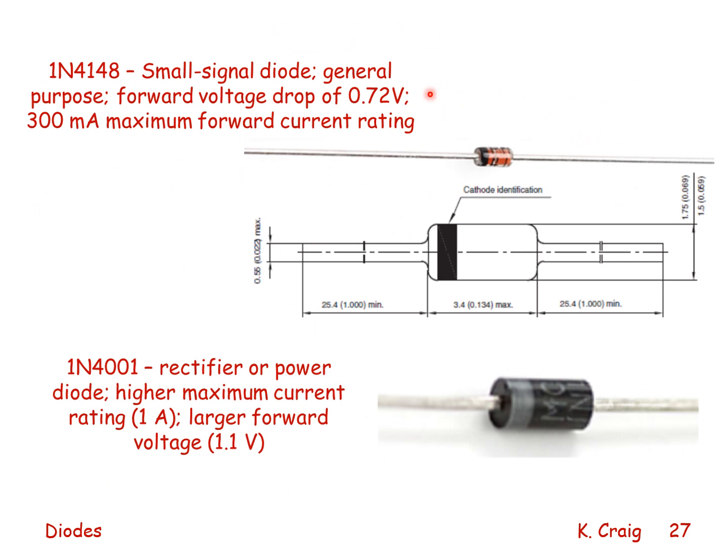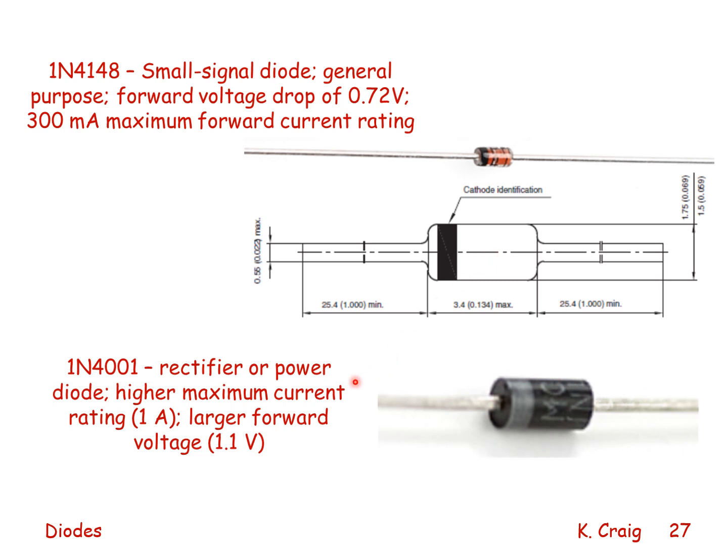The 1N4148 signal diode is a general purpose diode. It has a forward voltage drop of 0.72 volts with a 300 milliamp maximum forward current rating. Here you see the physical size of the diode.